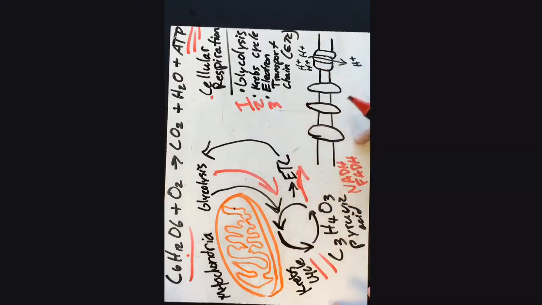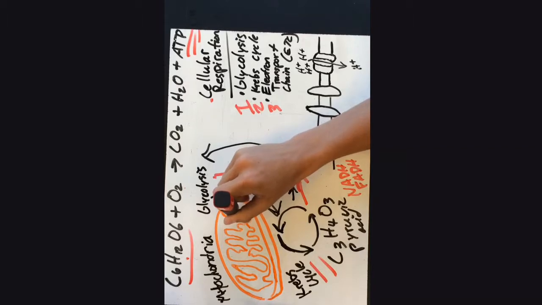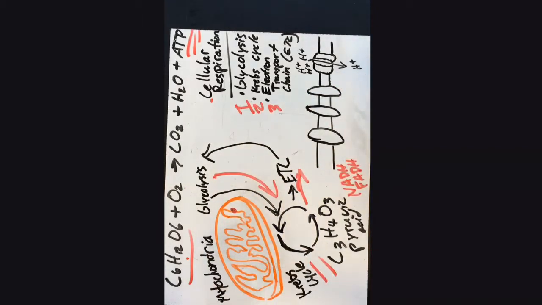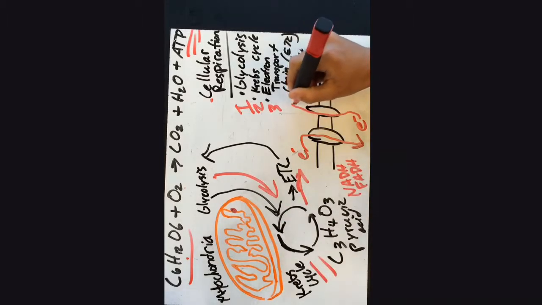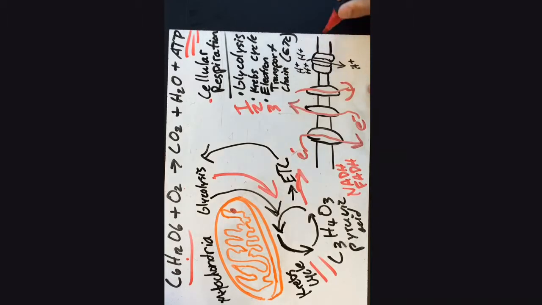This membrane right here is actually the inner mitochondrial membrane. And what this does is the high energy electrons go through the protein channels, and then they go through this last one, and then they have this enzyme right here called ATP synthase.